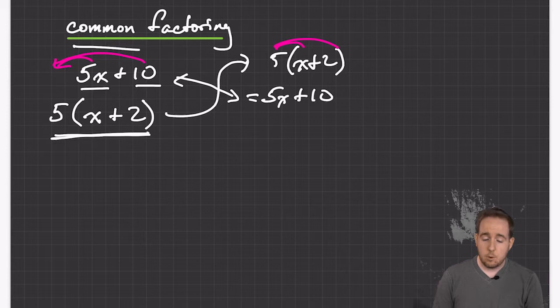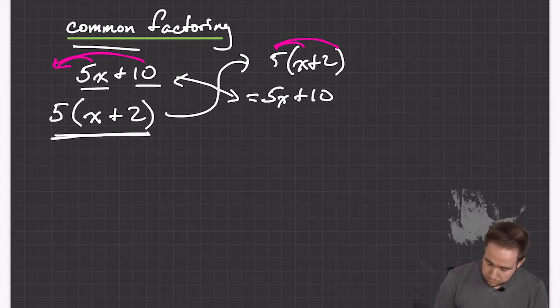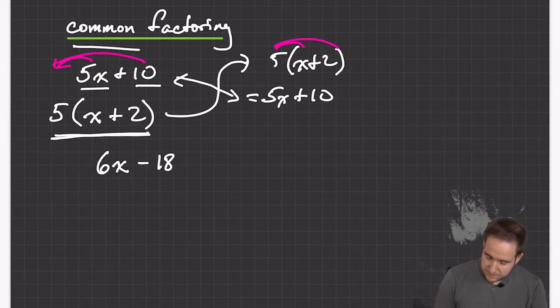And we're just going to do 3 more examples of this really quickly, and we'll do binomials, so things with 2 terms. 6x minus 18. So both of these numbers, the 6 and 18, are divisible by 6. So I can pull out a factor of 6.